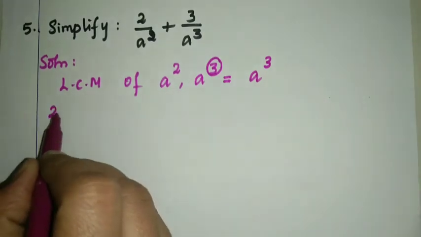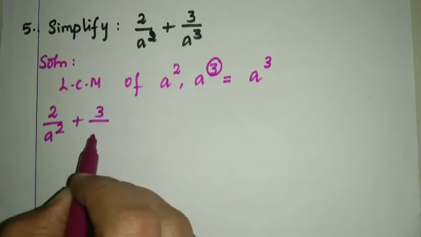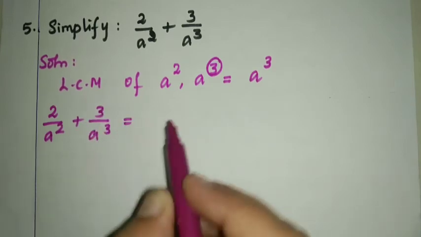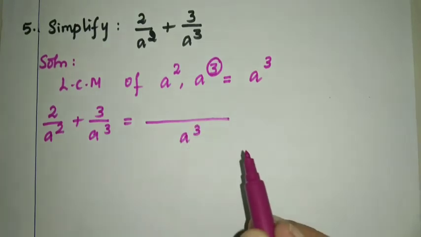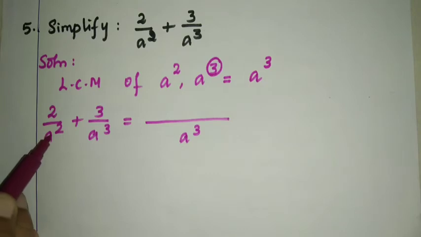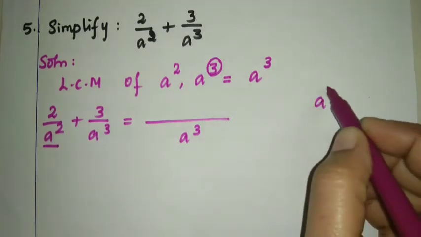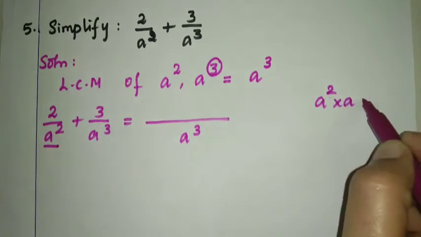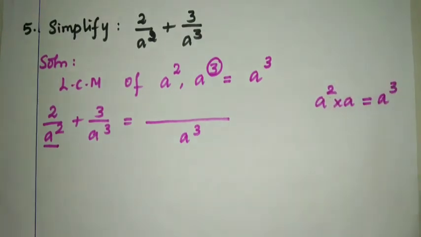So first of all, 2 by a power 2 plus 3 by a power 3 is equal to, the common denominator is a power 3. In the first fraction, 2 by a power 2, the denominator is a power 2, so a must be multiplied with a power 2, and we get a power 3. That means a power 2 into a is a power 2 plus 1, which is 3.